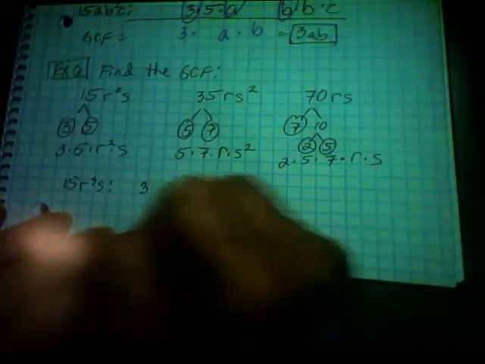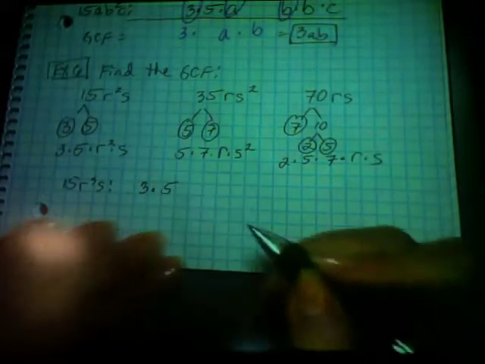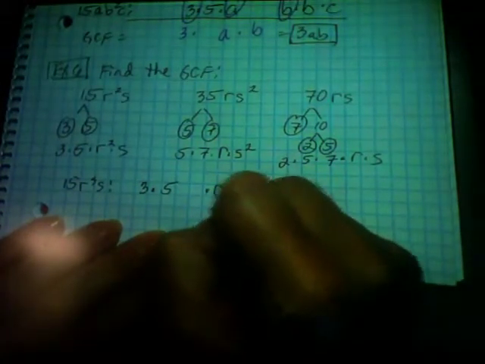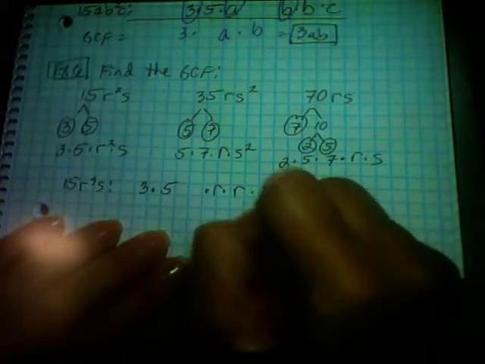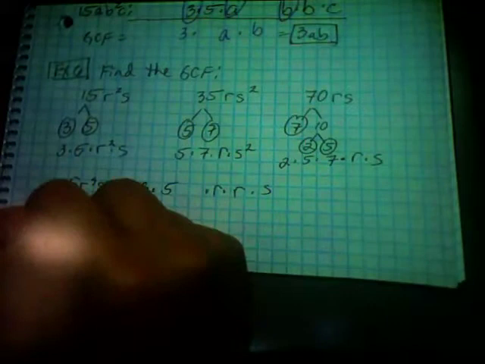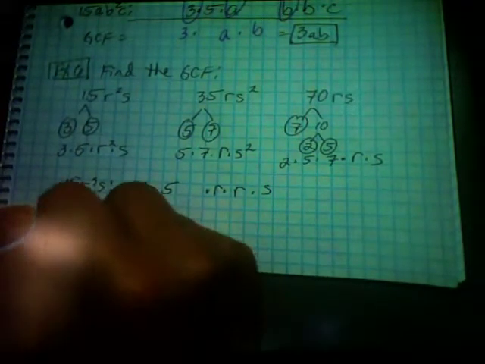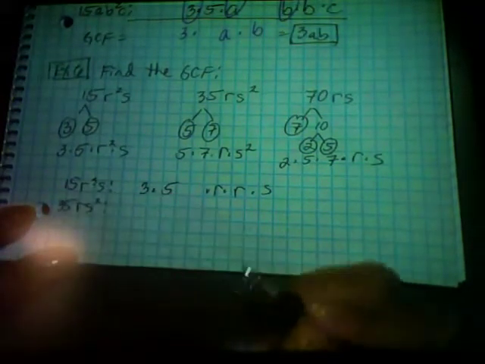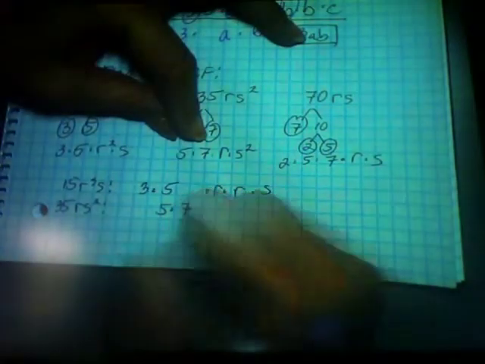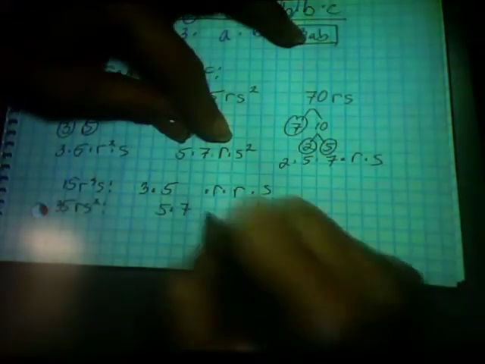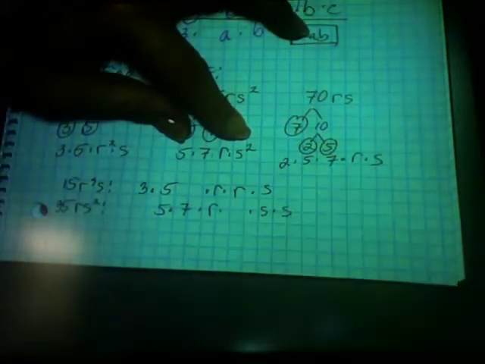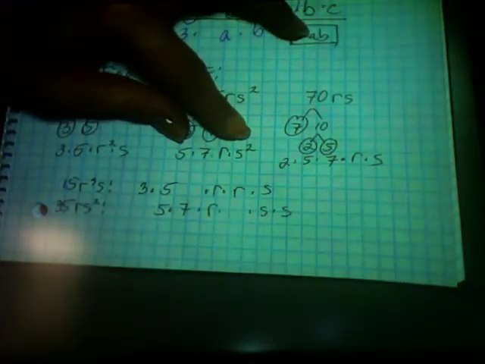So I've got a column for the 3, a column for the 5, and then I've got 2 r's, and then an s. And then for the 35 is a 5, so I'm going to line it up here, and a 7, it needs its own column. 1 r, but 2 s's, so another s for its own column.